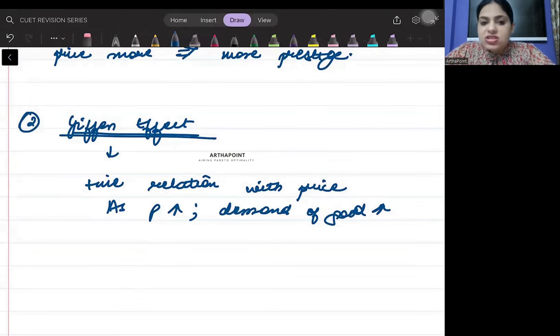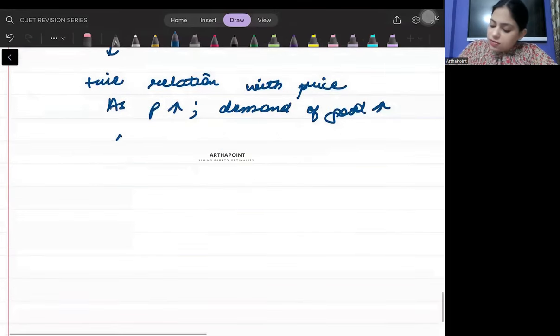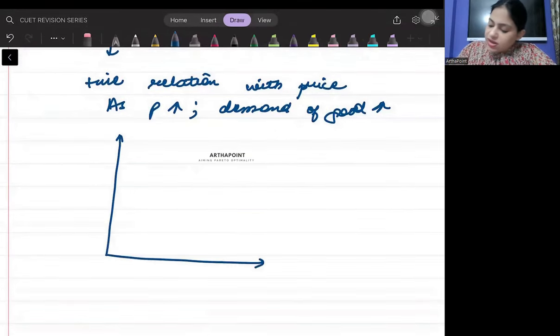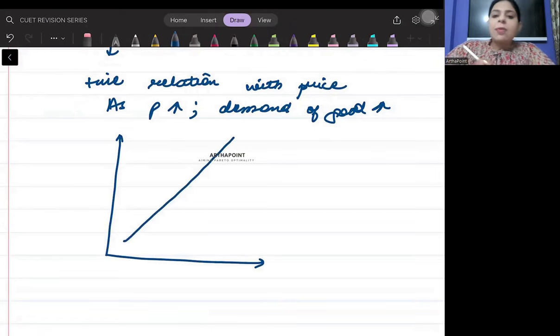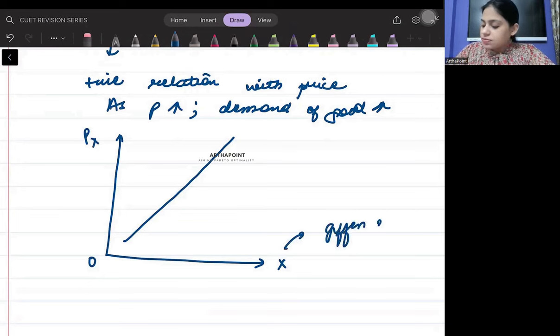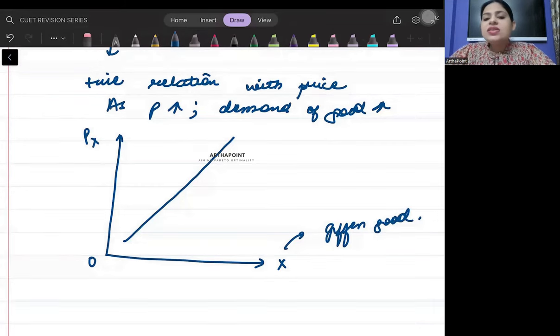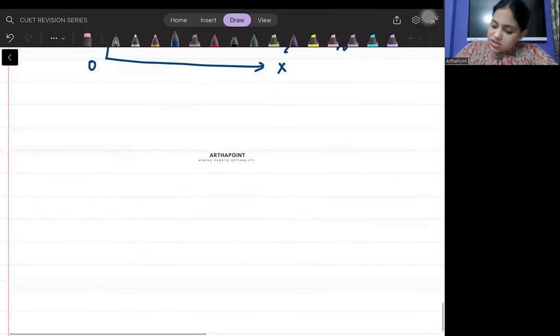So there is a positive relationship between price and goods demanded. For this, we can make an upward sloping demand curve, right, beta? For this upward sloping demand curve, we take good X, price of good X on the axis, and take good X as a Giffen good.